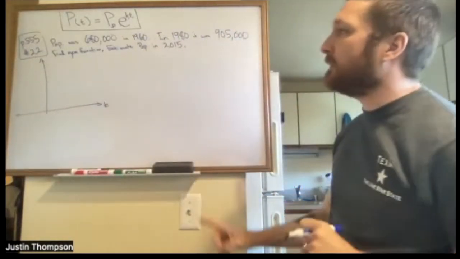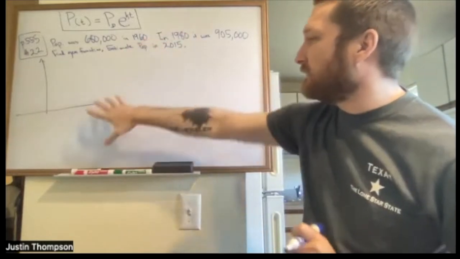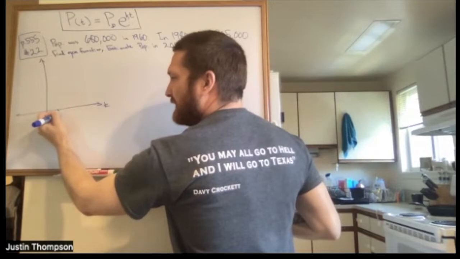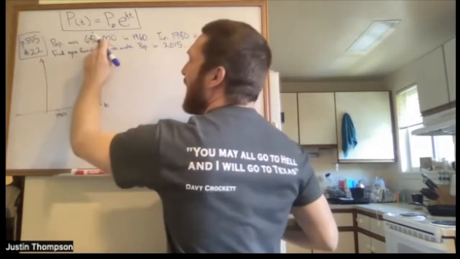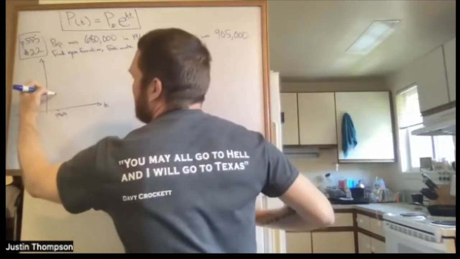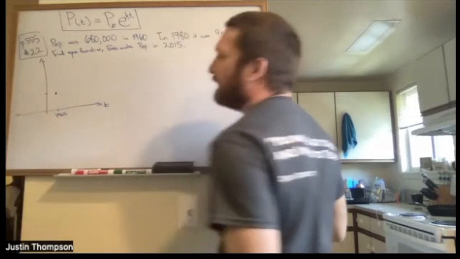I could think about it that way. Now this says that in 1960, okay, so here's one point coming up. In 1960, so 1960 is the input, the output is 680,000. And so I'm just going to draw a dot right here and label it.